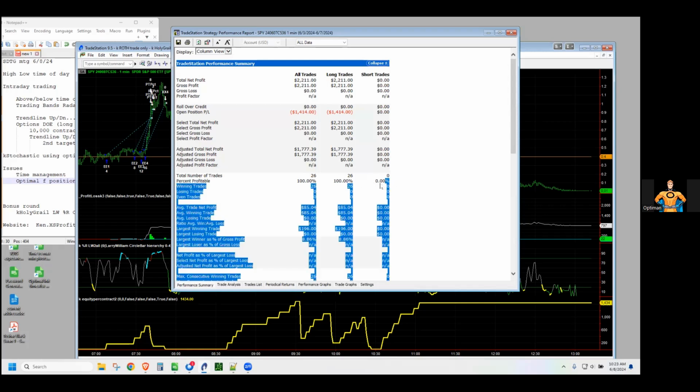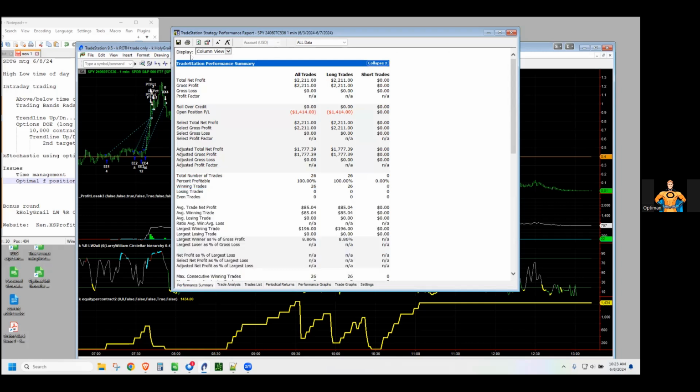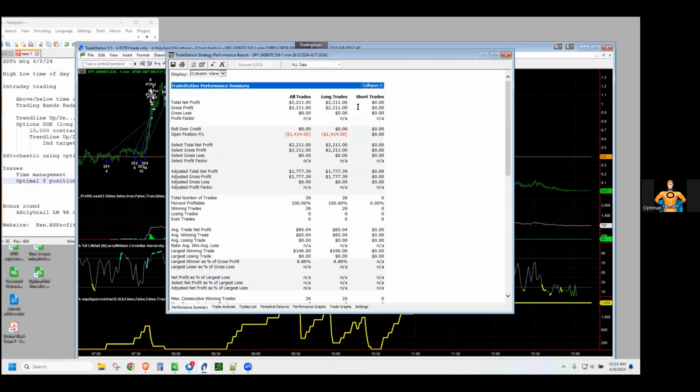It's called the Holy Grail for a reason. It doesn't lose money, and this is the case in point. It makes a pretty nice profit through the day.